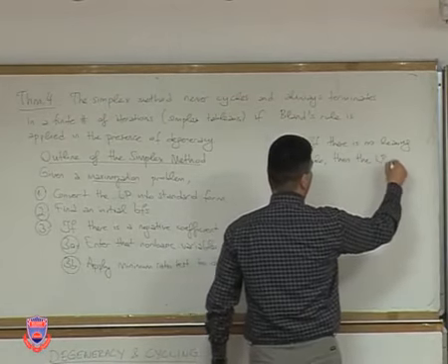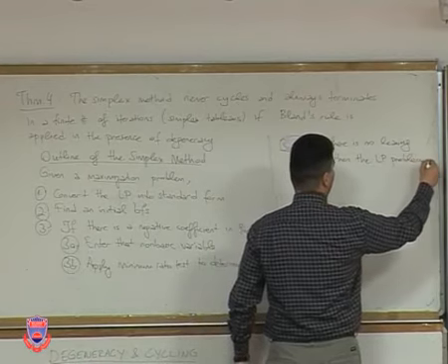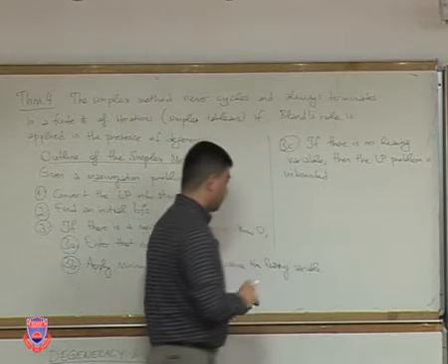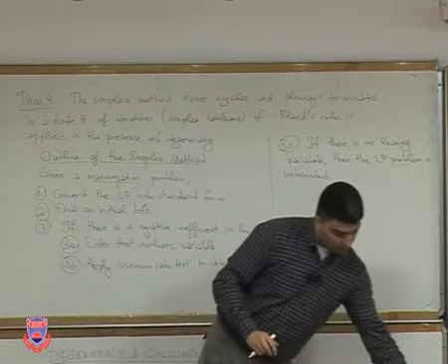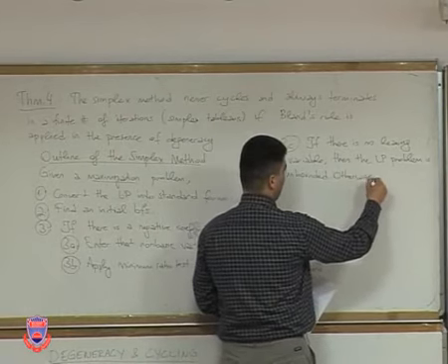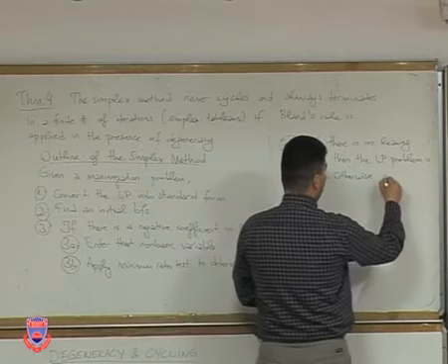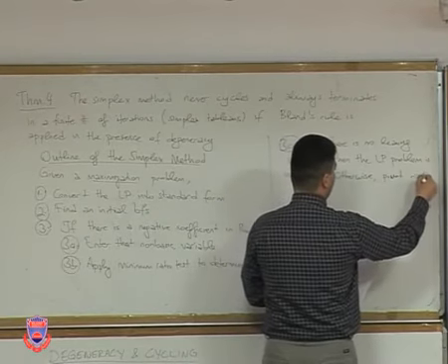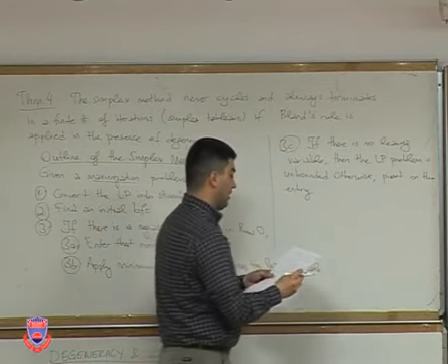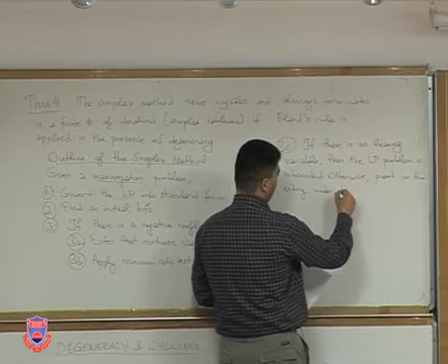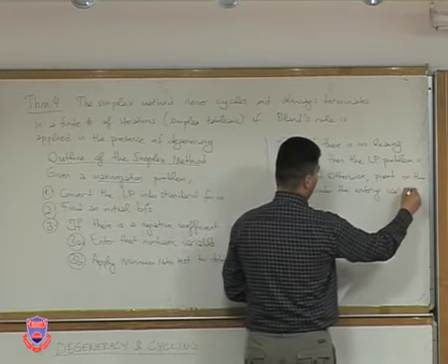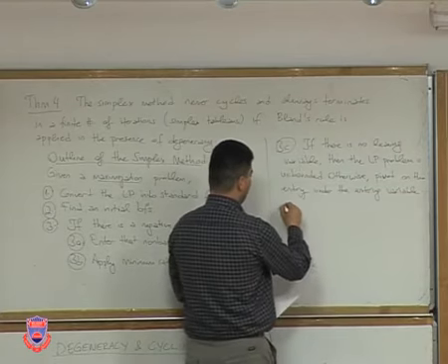Then the LP problem is unbounded. Otherwise, pivot on the entry under the entering variable, in the row corresponding to the leaving variable.